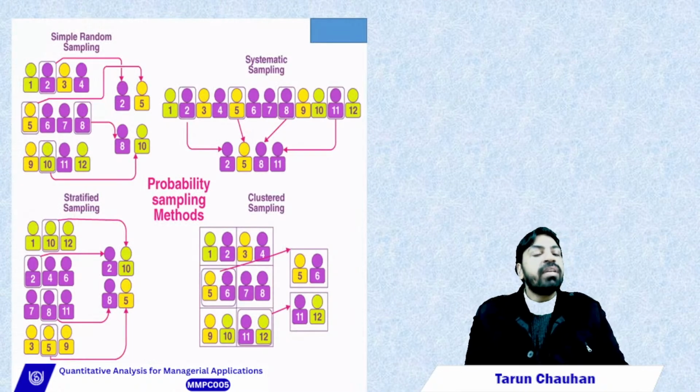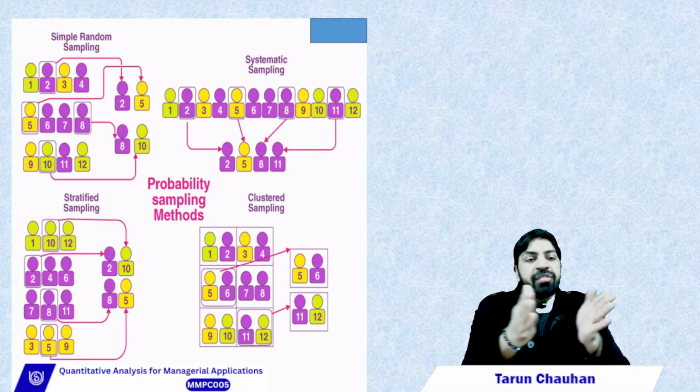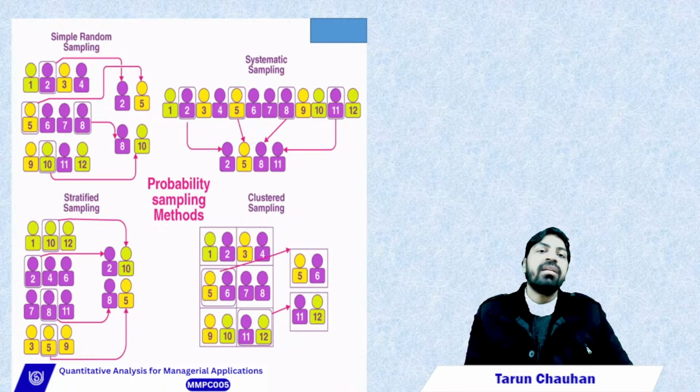This is a graphical representation where we talk about simple random sampling. As you can see, there are 12 samples and randomly we have selected 2, 5, 8, 10. Systematic sampling, as we can talk about here, is where the difference is always equal between the samples.